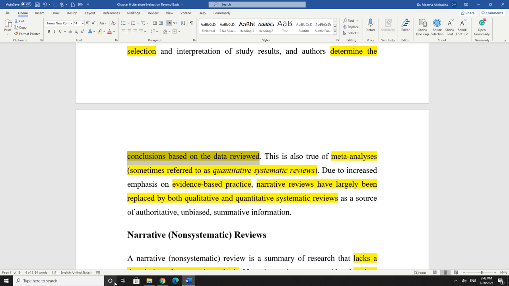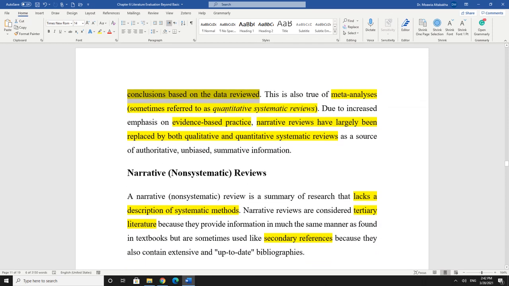Whatever data they collected in the clinical trials, they put it together as one big clinical trial. Okay? While in qualitative, no, they don't put the data together, but they critique and evaluate the data of clinical trials individually rather than put them together.